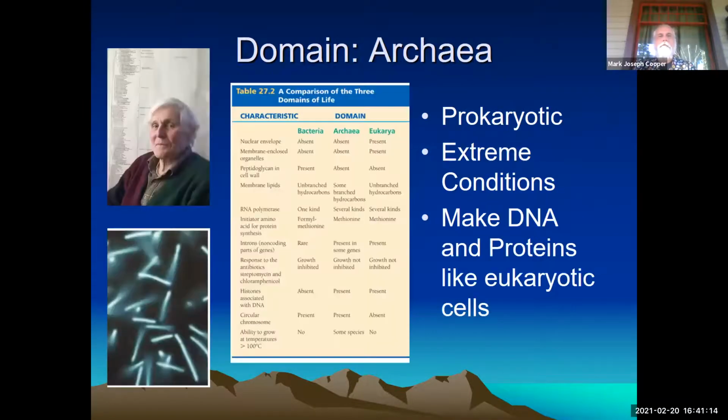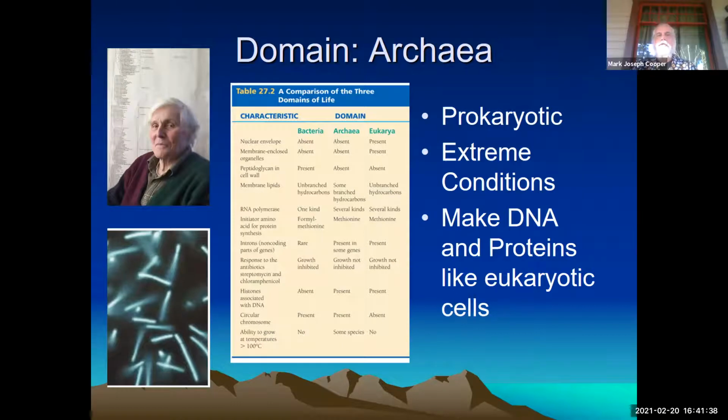All right, the domain archaea. It means ancient. And what I want you to know is they are prokaryotic cells, like the other bacteria, like the domain we just talked about. But there are some differences. Up on the left, that is Carl Woese. Let me spell his last name: Woese.